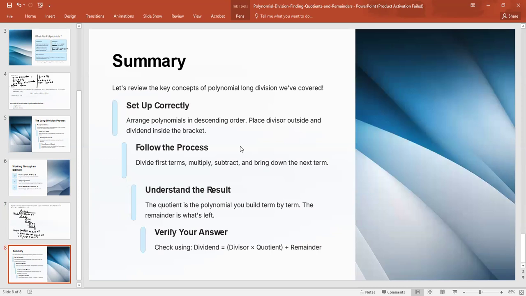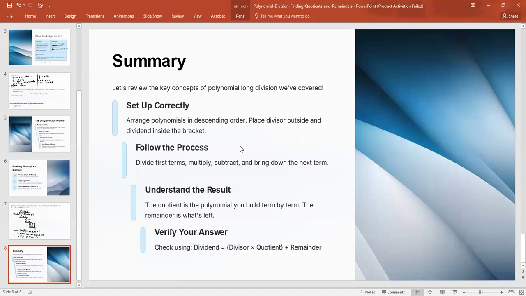Throughout this discussion, we have learned how to do the long division process for polynomials. What did we learn? We learned that in an attempt to achieve this goal, we have to arrange the polynomial in descending order by placing the divisor outside the long division symbol and placing the dividend inside the long division symbol. After that, you follow the process. You divide the first term.